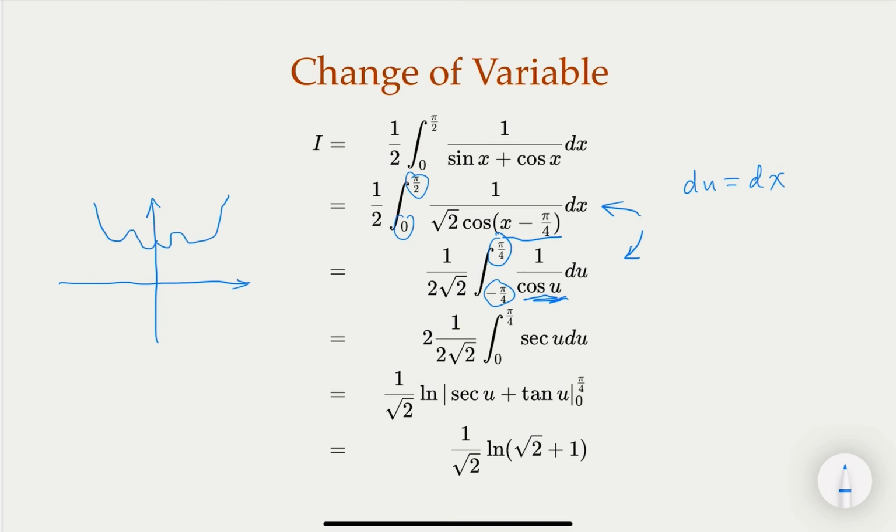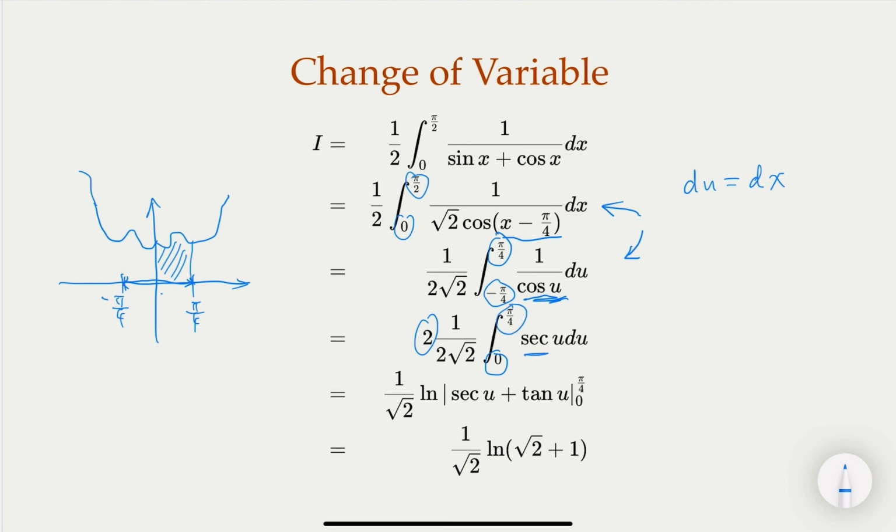If you do the integral over a symmetrical interval, from negative pi over 4 to pi over 4, you can just double the interval from 0 to pi over 4. Of course, I'm just drawing an arbitrary function; 1 over cosine u would be different, right? So it's equal to double this integral, but with range 0 to pi over 4.